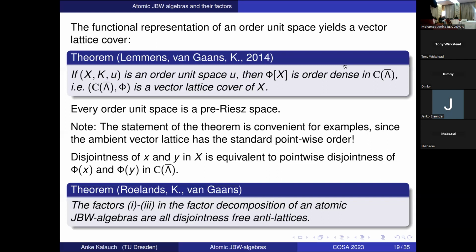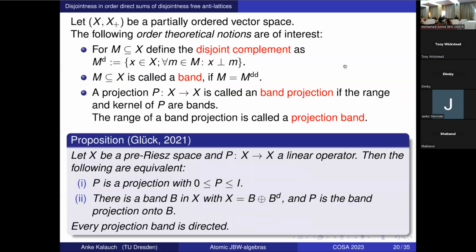This is kind of the extension of the classical Kadison antilattice theory. So all of them are like this, and that means when I look for disjointness in atomic JBW algebras, I have to look at these algebraic direct sums. This will be the next step.